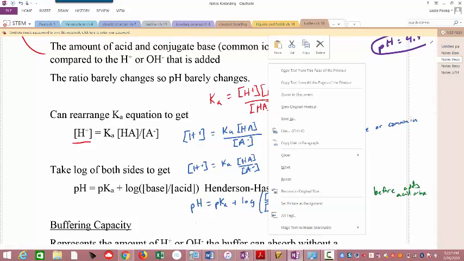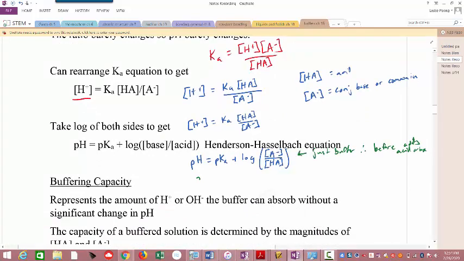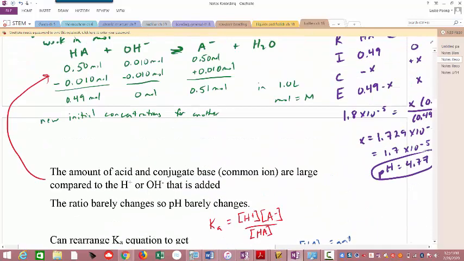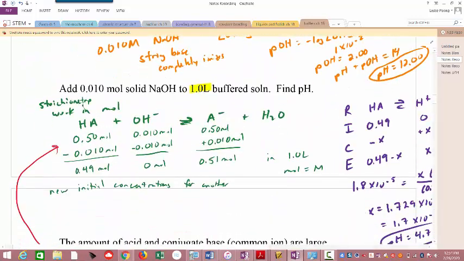So in that problem we just did, before, the pH equaled the pKa, because A minus and HA were the same. So I'm going to go back up to that. So look right there. See how the H plus, right here where the check is, the H plus ended up equaling the Ka. So pH equals pKa.